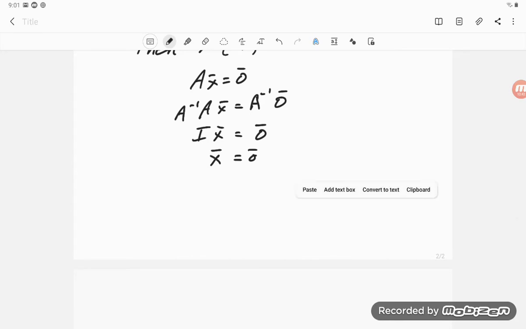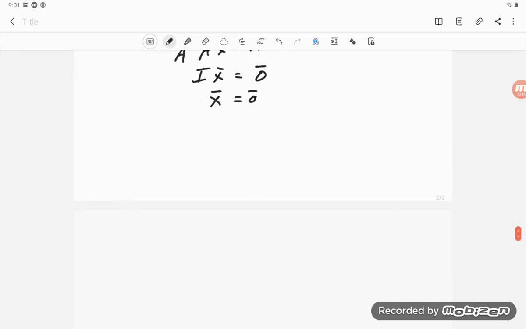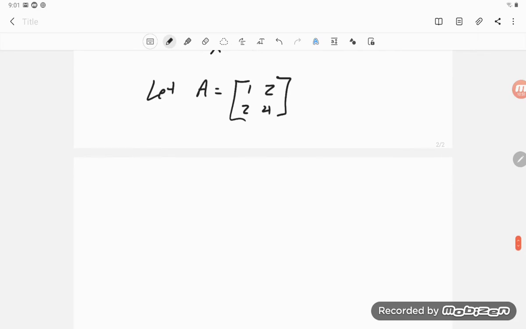But on the other hand, if we do something like let A equal 1, 2, 2, 4, then notice I can do a pretty quick row reduction here.